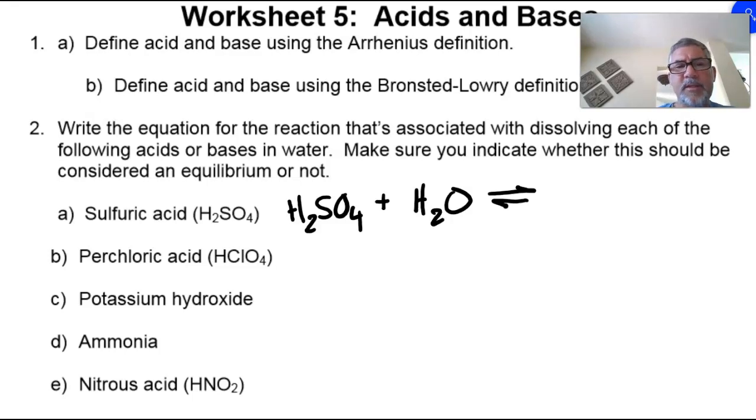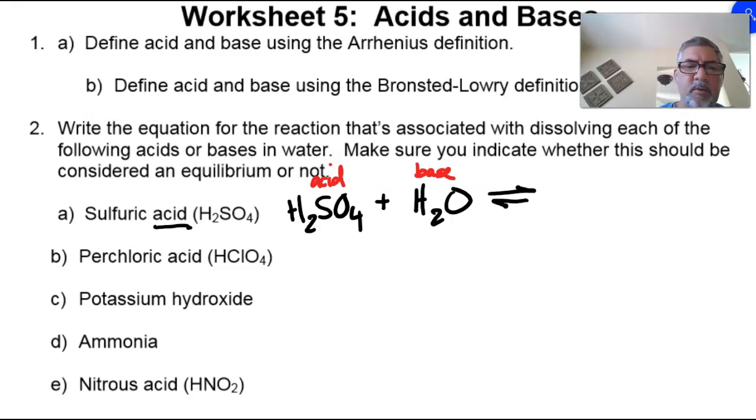So identify if it is an acid or base. So this says it's an acid right here. So acids, remember, donate hydrogen ions. So if this is an acid, that makes water the base. Water is amphoteric, and amphoteric means it acts as either an acid or a base depending on what it's with.